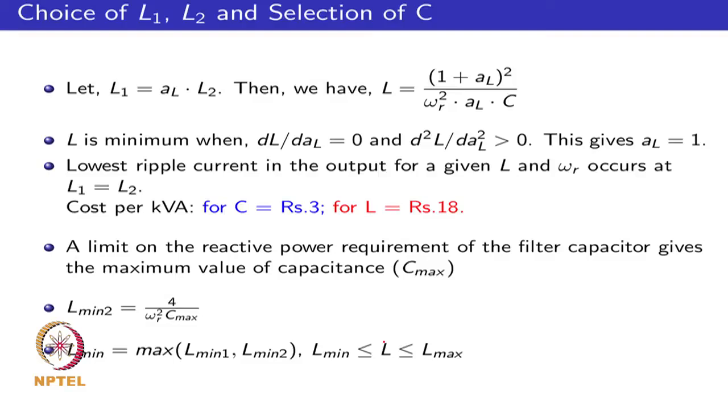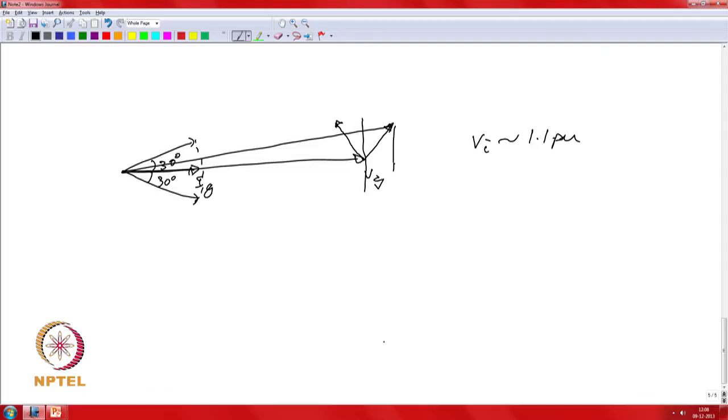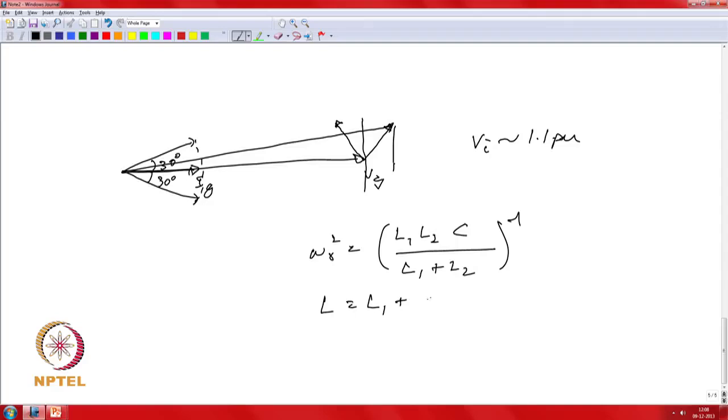One thing you could do is look at the expression omega r square is equal to (L1 + L2) by L1 L2 C, and then look at L equal to L1 plus L2, and define L1 to be equal to AL times L2.